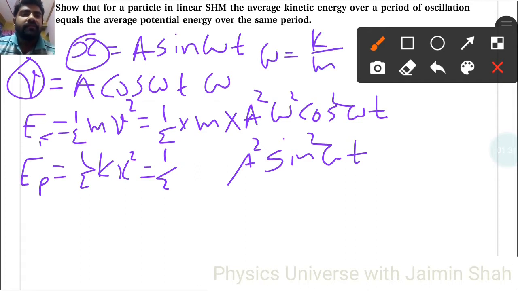So taking k as the subject, k is m omega square. So that is the k formula, m omega square. Now we have the kinetic energy formula and the potential energy formula, right?